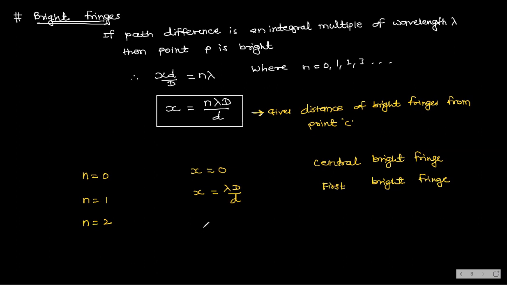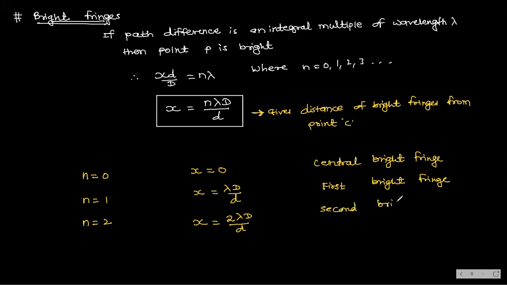Yes, very good. n is equal to 2. x is equal to what, Ray? 2 lambda D by small d. Yes, no? Clear? So what is this? Tell me, what is this? Second bright fringe. Yes, no?